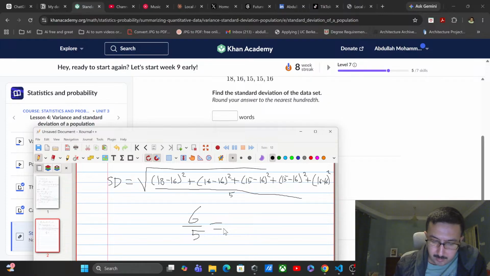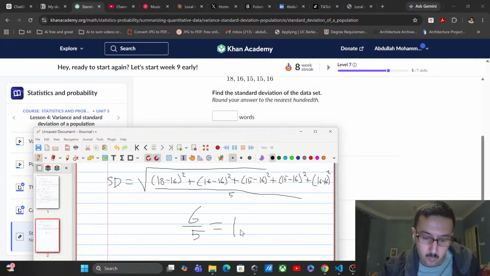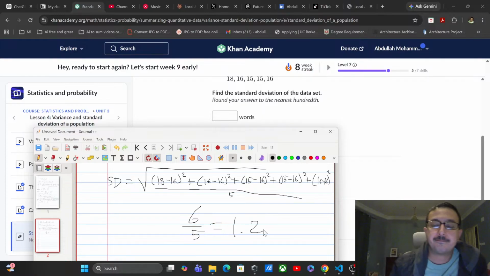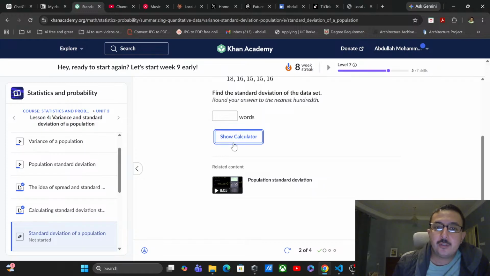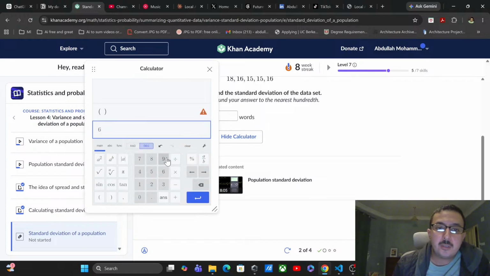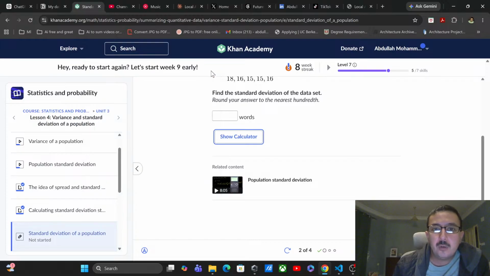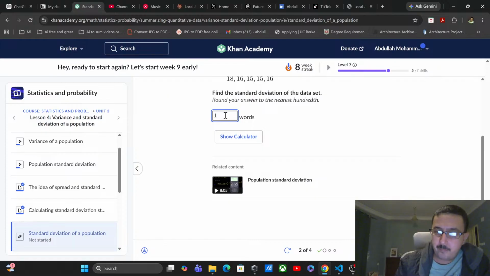See, I forgot the plus sign here. Plus. Well, it's 6 over 5. That's equal 1.2. You want to see it yourself? 6 over 5. Yep, it is 6 over 5. Equal 1.2. See it? So, 1.2.